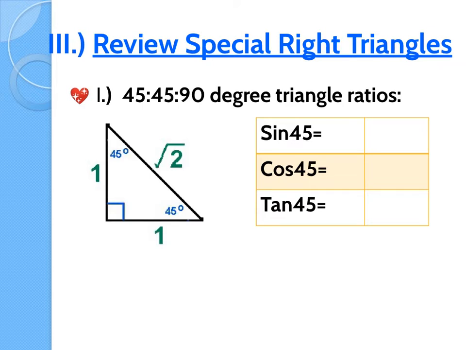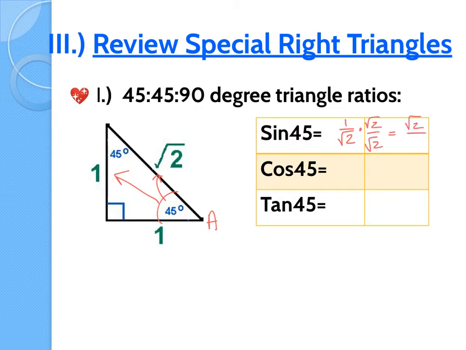Let's review our special right triangles. We have a 45, 45, 90 triangle. So again, we have a right angle, so we can use this. If I want to do the sine of 45, you can choose either angle. I'm going to go to, let's call this angle A. So I'm looking here at angle A. If I'm looking for sine, I'm going opposite over hypotenuse, which becomes 1 over the square root of 2. We need to rationalize that, and we'll be doing this a lot.